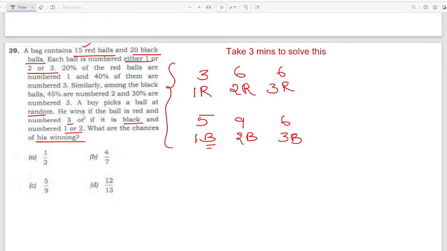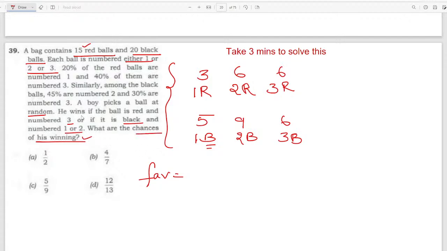Now we'll see when the boy will win. A boy picks a ball at random and he wins if the ball is red and numbered 3, or if it is black and numbered 1 or 2. They are asking what the chances of winning are, so we need the favorable outcomes of winning.